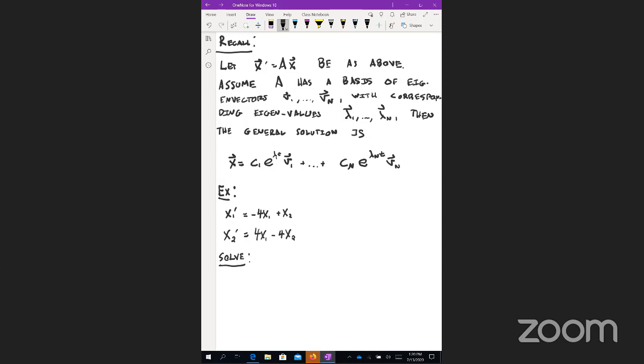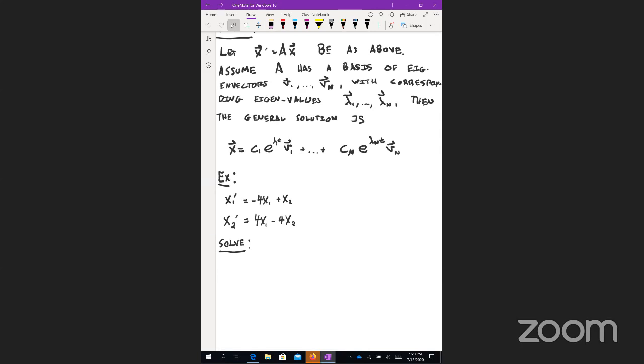How do we solve this? First, A is equal to, write this down as a matrix, minus 4, 1, 4, minus 4. So we find the eigenvalues.